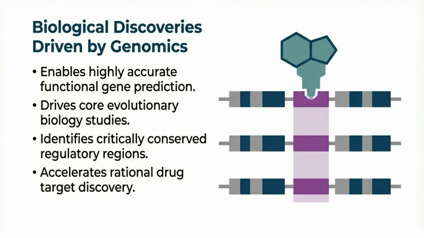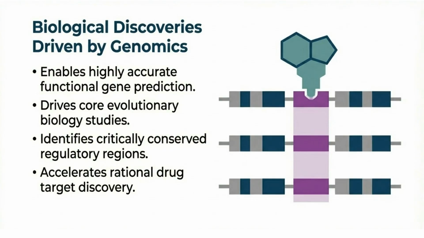From there, these tools support broader biological discovery. Comparative genomics drives discovery in many areas of biology. One major outcome is functional gene prediction. If a gene is conserved across species, it is often possible to infer its likely role. Another important application is identifying conserved regulatory regions. These are non-coding sequences that have remained preserved because they control essential biological processes.